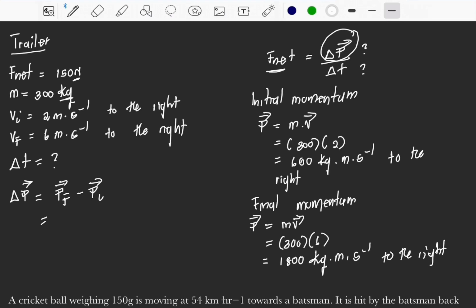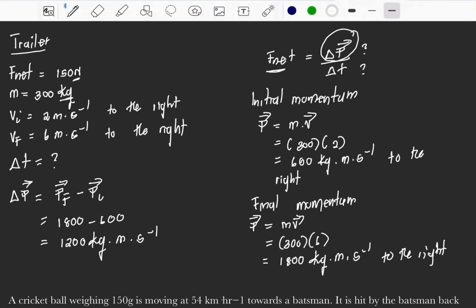So that is going to be 1,800 minus 600, which is equal to 1,200 kilograms meters per second. So we are done with that calculation. And so what we have now is the change in momentum, which is 1,200.